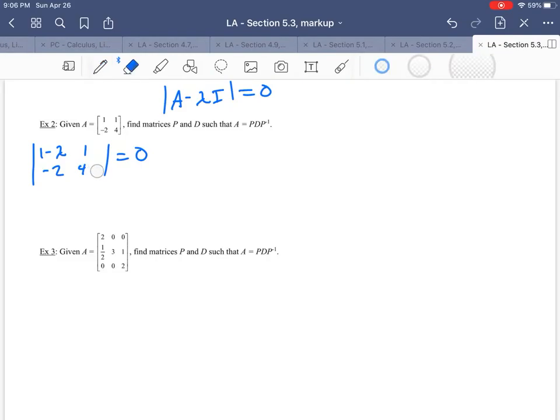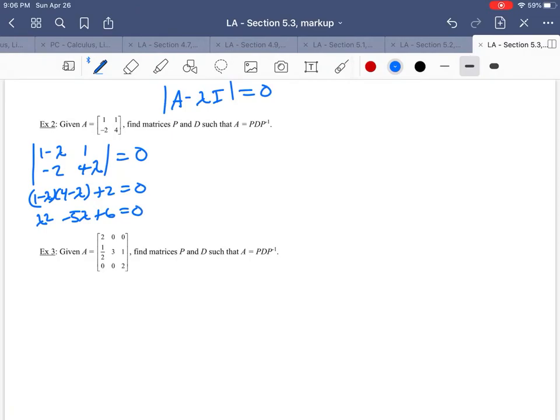All right, so my determinant, I would get 1 minus lambda times 4 minus lambda plus 2 equals 0. So you clean that up, it turns into lambda squared minus 5 lambda plus 6 equals 0. So that factors into lambda minus 3 and lambda minus 2. So I get my two eigenvalues as lambda equals 2 and 3.